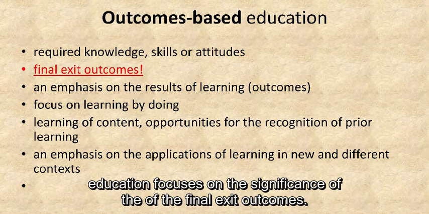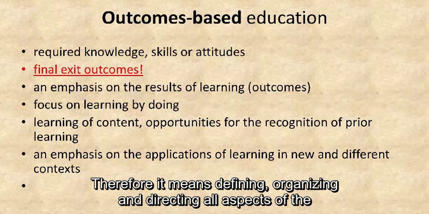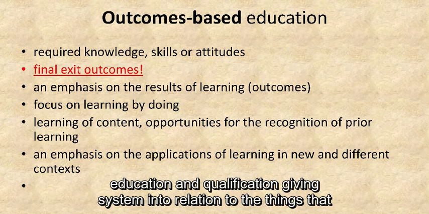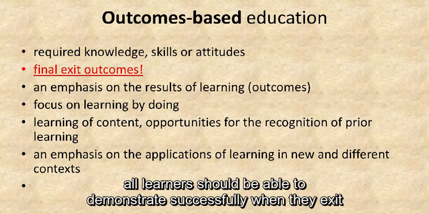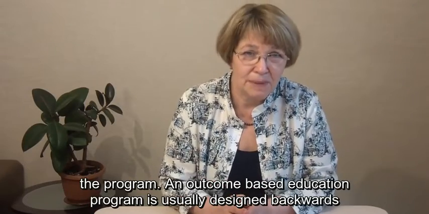Outcome-based education focuses on the significance of the final exit outcomes. Therefore, it means defining, organizing, and directing all aspects of the education and qualification giving system in relation to the things that all learners should be able to demonstrate successfully when they exit the program.